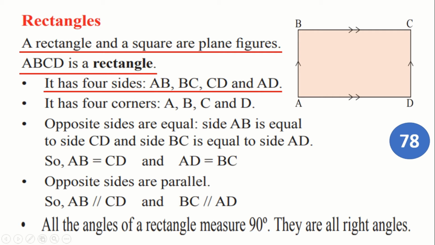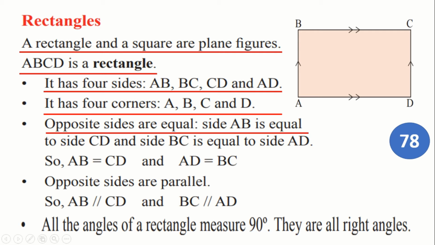AB is the side, and the other one is BC, CD is the other side, and AD. It has 4 sides, and then it has 4 corners. A is a corner, B is a corner, C is the other corner, and letter D is the other corner.